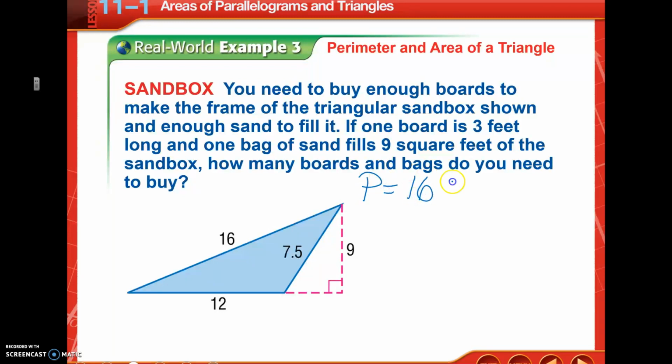Perimeter is 16 plus 12 plus 7.5. And we're going to divide that by 3 because they are 3 feet in length.